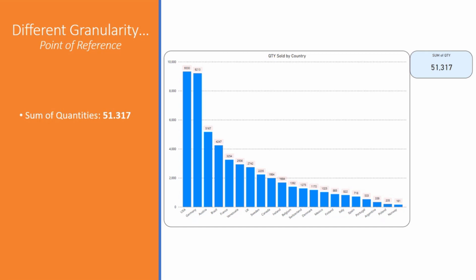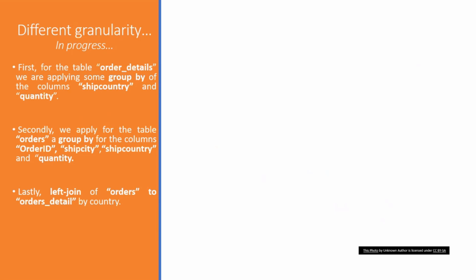In here, as a point of reference, I took the sum of quantity, which is 50,000 for the sales, and I grouped them by country, so we can see the different sales for the different countries.